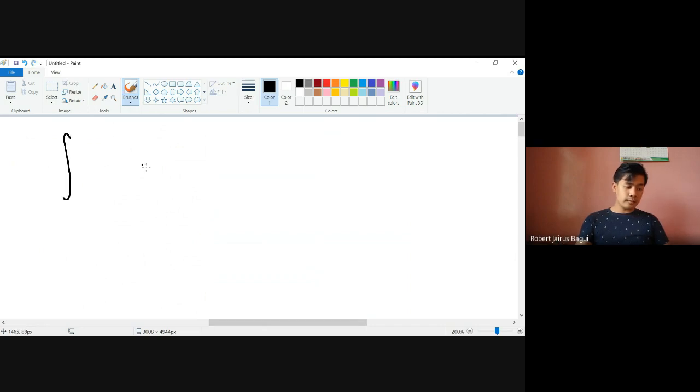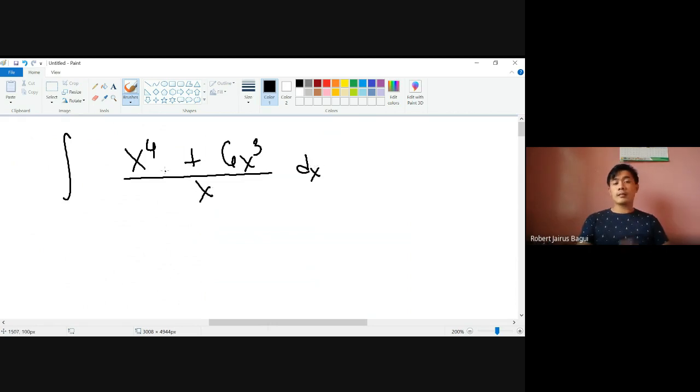integral ni, okay, so given ay x to the fourth plus 6x raised to 3 and dx.